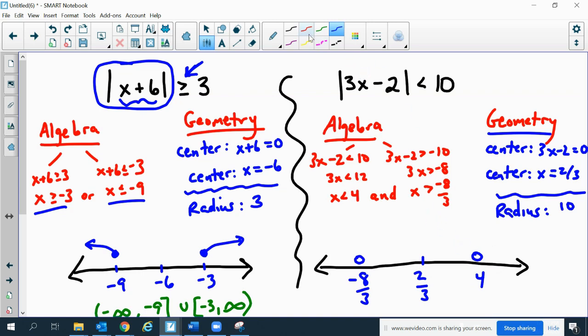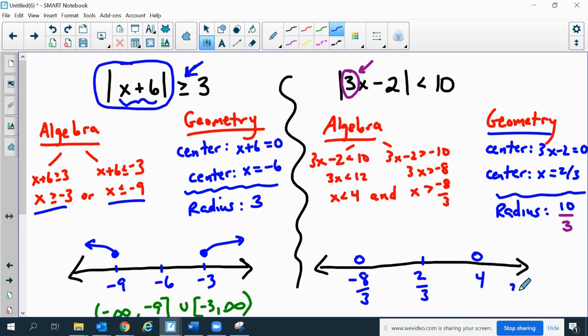So what's happening is this number actually does a stretch of some kind of our radius. And our radius always gets stretched by the reciprocal amount of this. So I take 10 and I divide it by 3. So whatever number is multiplied by the x on the inside of the absolute value, that's what I have to divide my radius by to get what I actually have for my radius.